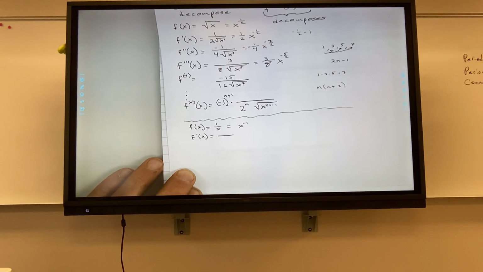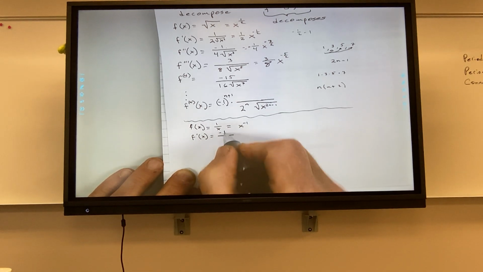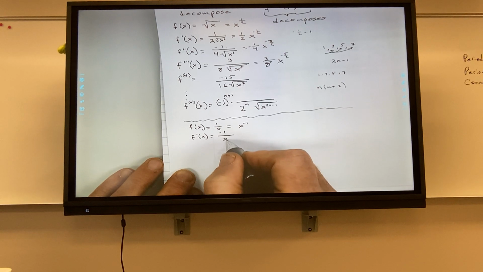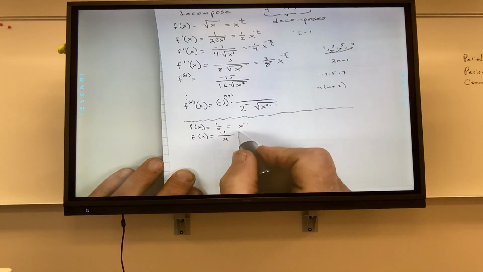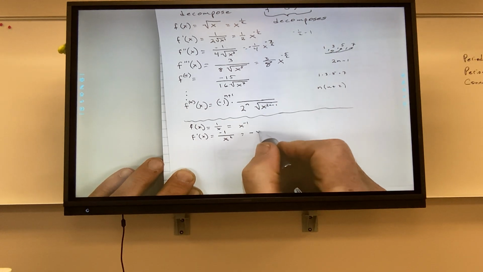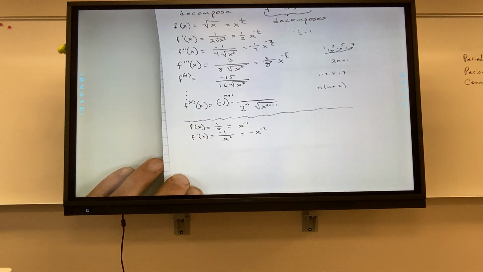Negative 1 over x to the, is there a square root on the x? Nope. X to the 2? Squared, yeah, correct, perfect. Or this, right? Same thing, excellent.